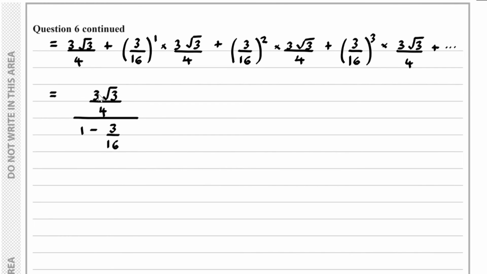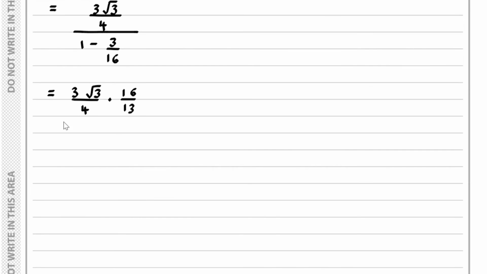So we have over here 3√3/4 multiplied by 1 over 13 over 16, which is 16 over 13, and it turns out the area to infinity then is 12 root 3 over 13.